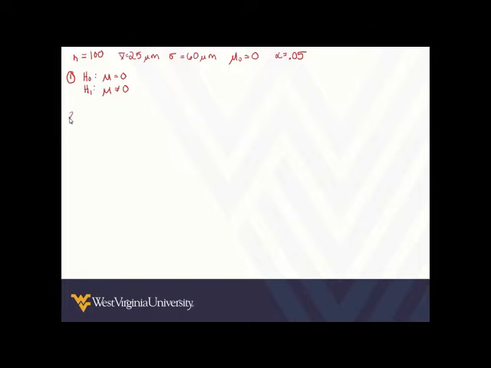Now we can begin step 2 by calculating our test statistic. So this will be 25 minus 0 divided by 60 divided by the square root of 100. If we type this into our calculators, we will get 4.1667.